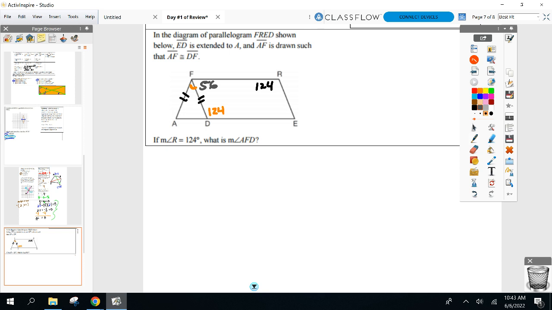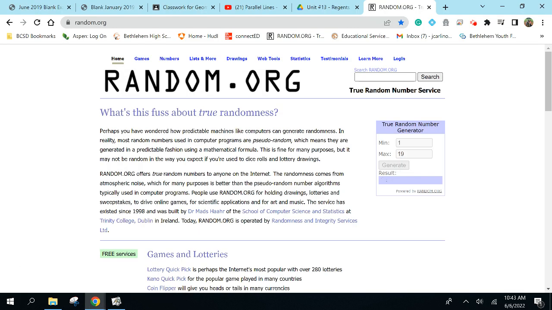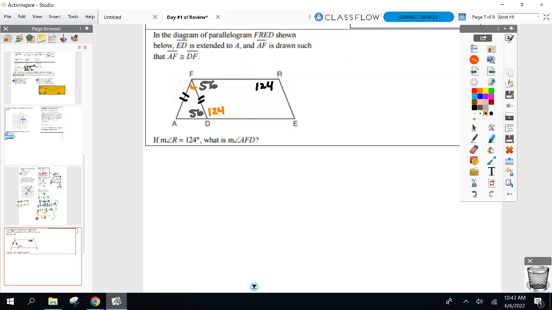DA is 56. Okay, two ways you know that's 56. These are linear pairs. And anybody remember these type of angles? Alternate interior. Good. Keep going. Another angle you know. RED is 56.